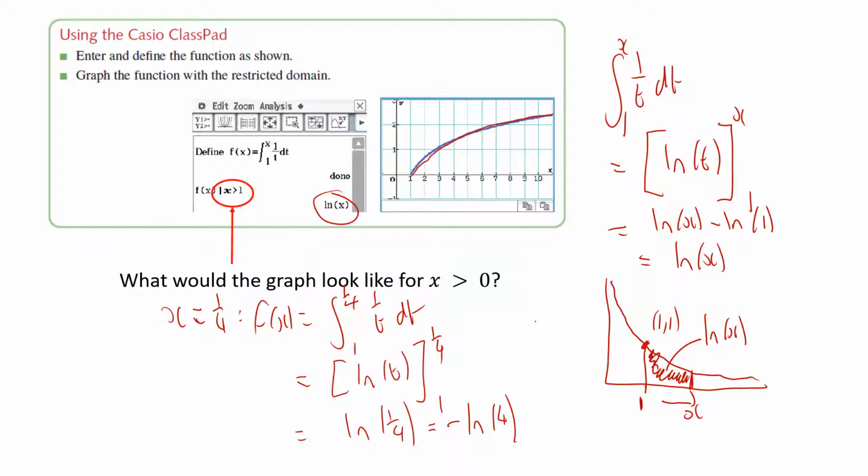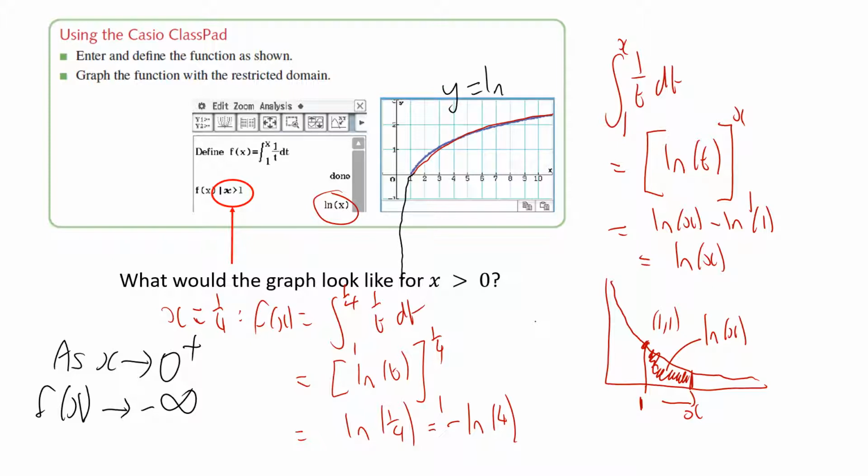And you can see as x approaches 0 from the positive side, as x gets smaller and smaller, a quarter, a tenth, a hundredth, etc., f of x will get larger in the negative direction, will approach negative infinity. In other words, our net signed area graph will start to resemble the full natural log graph.